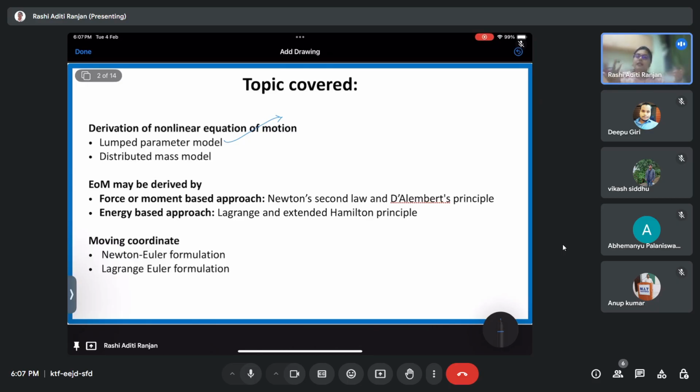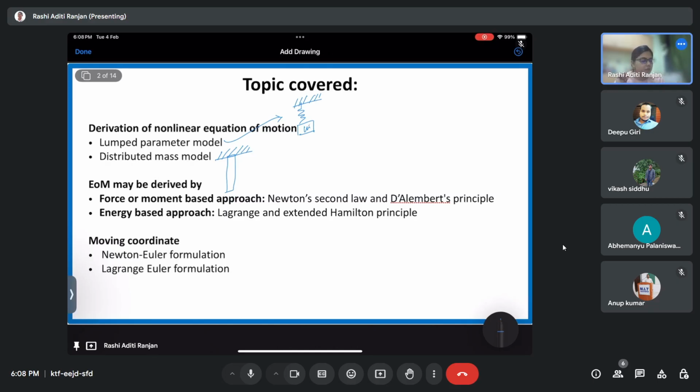For a lumped parameter model, we have a spring and a mass. So this is a lumped model. When I talk about a distributed mass model, I mean something like this. If you see here, the mass is distributed along the length of the rod, right?